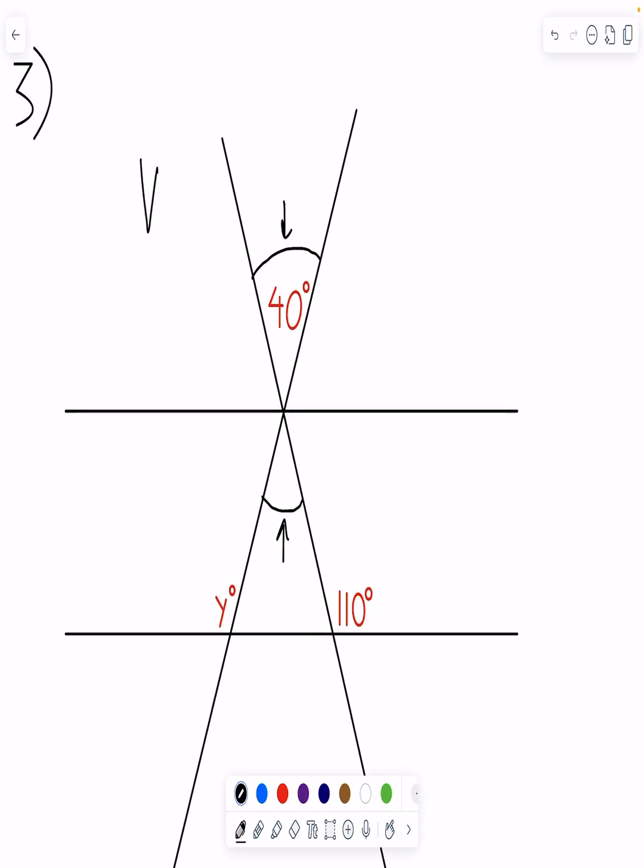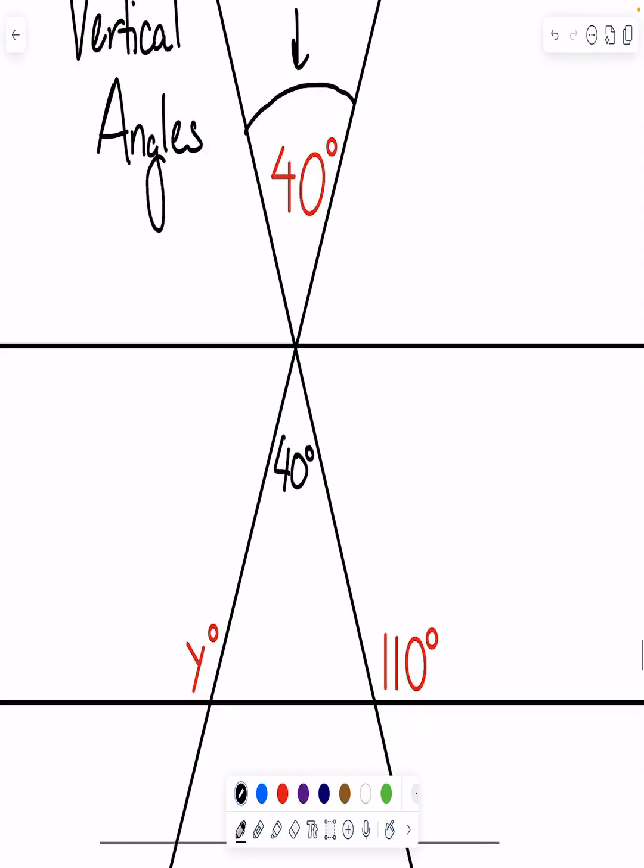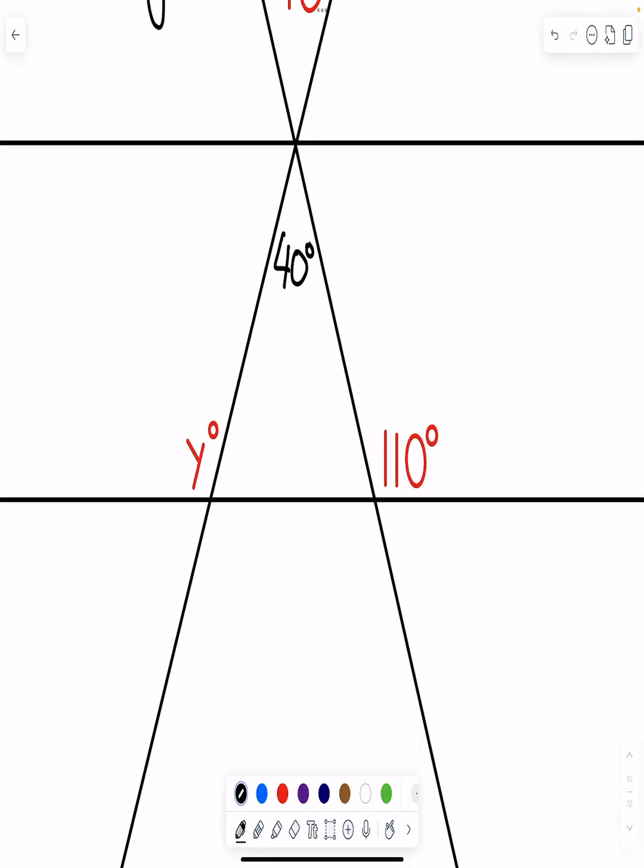Those are vertical angles. Given vertical angles, I know that if the top one is 40, this also has to be 40. And if this is 110, I know that an angle pair forms here. This angle pair we call supplementary.